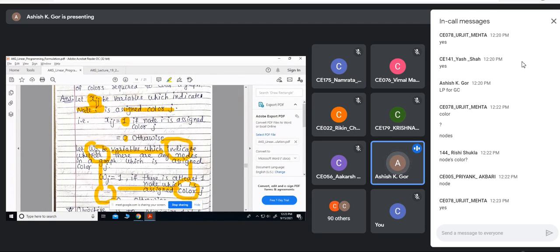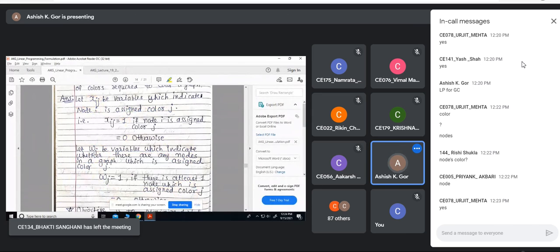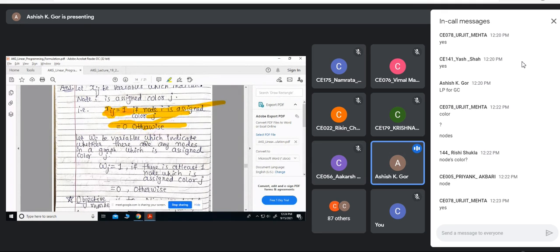This is node number 1. So x11 equal to 1 means vertex number 1 is given color number 1. If yes, the value is 1. If no, the value is 0. This is a simple thing, right? This is one kind of variable.